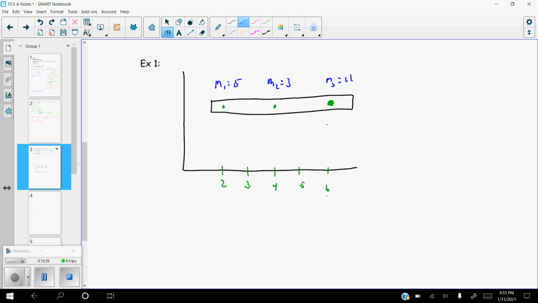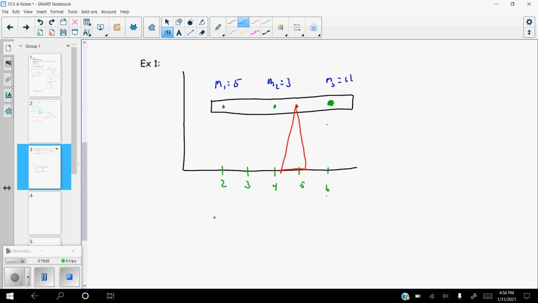And because the masses on the left are a little bit lighter in total than the mass on the right, you would think that the fulcrum would probably be a little bit closer to mass 2 than it is to mass 3, but I'm not sure. So we could take a guess, maybe that the fulcrum would be right here. Looks like that might be a good guess. Let's see how close we actually are to this thing.